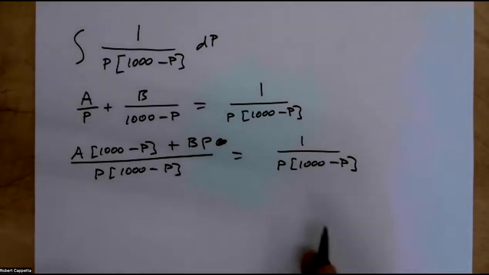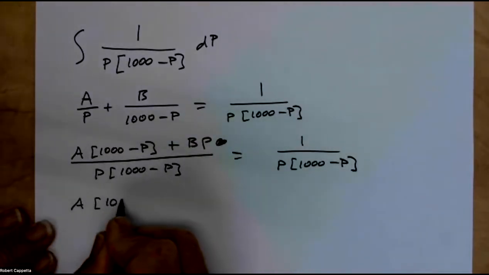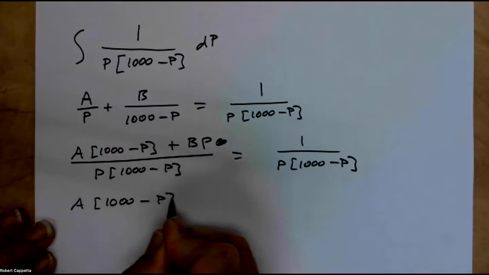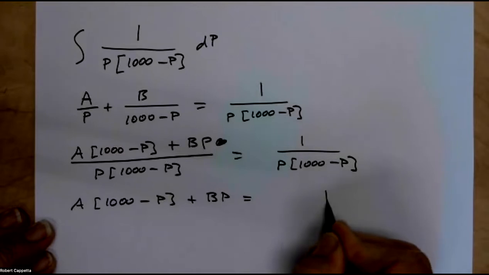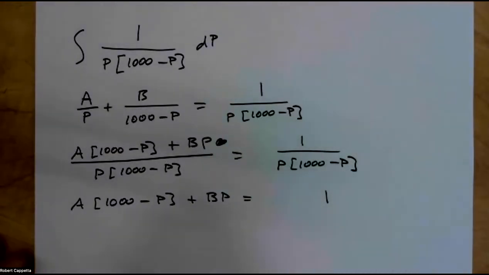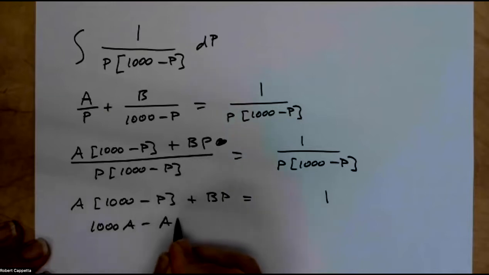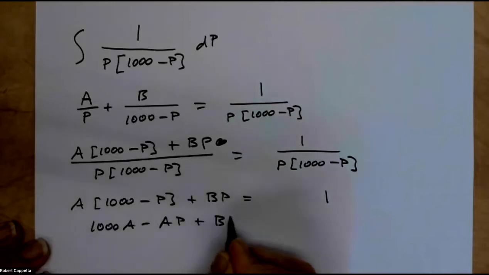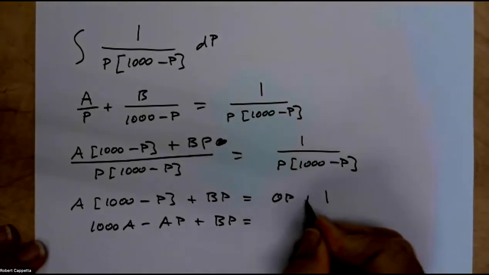At this instance, the bottoms are the same, so I make the tops the same. A times (1,000 minus P) plus BP equals 1. But what is 1? Because here I have 1,000A minus AP plus BP. So 1's a little troubling, but 1 is actually 0P plus 1.